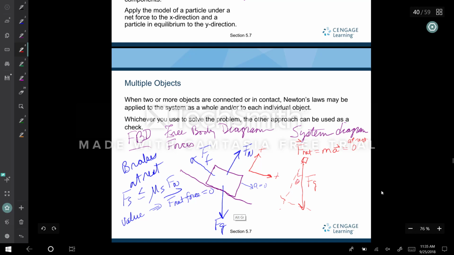This is theta, where theta is the angle of incline. So this side is going to be what? Fg times sine of theta. And the other component is going to be F sub g cosine of theta.